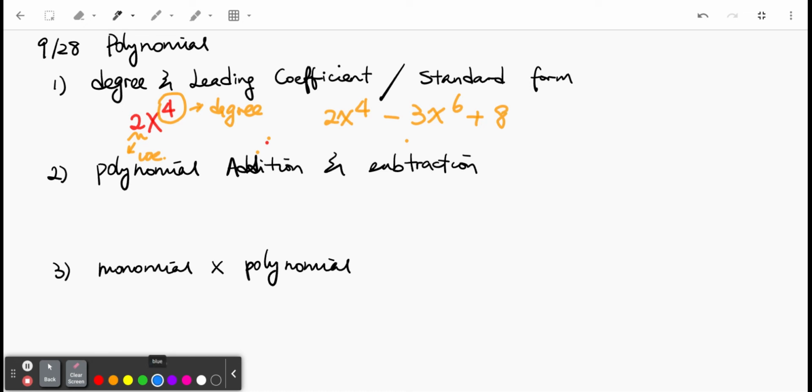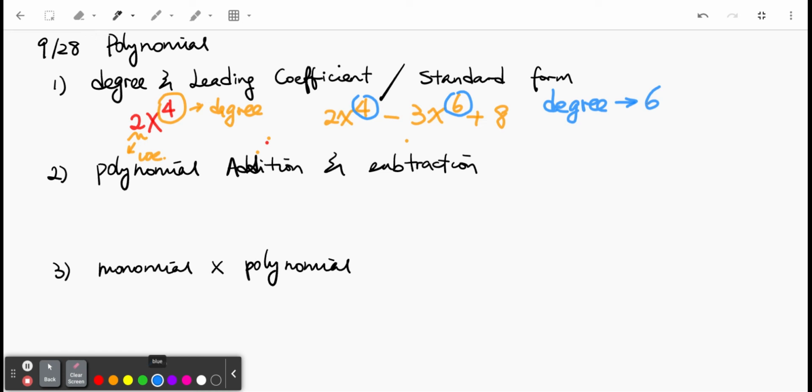When you have several terms together, the degree is the highest degree among those terms. We have degree 4, and we have degree 6. So the degree of this expression is the highest degree, 6.